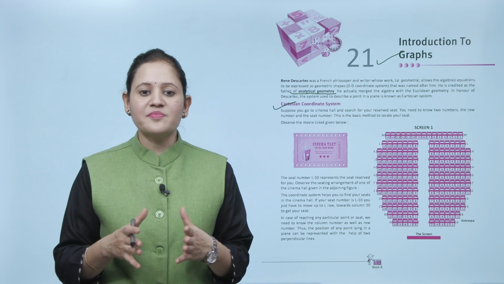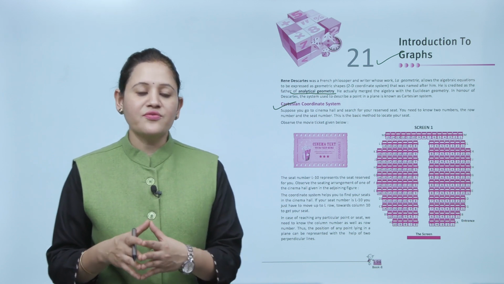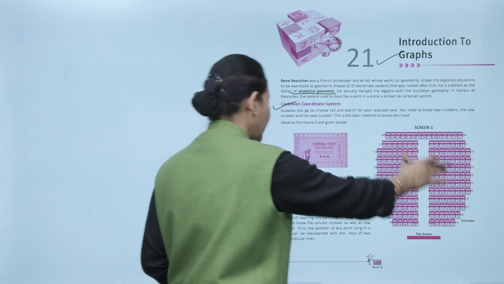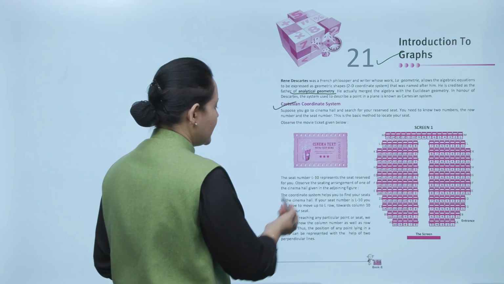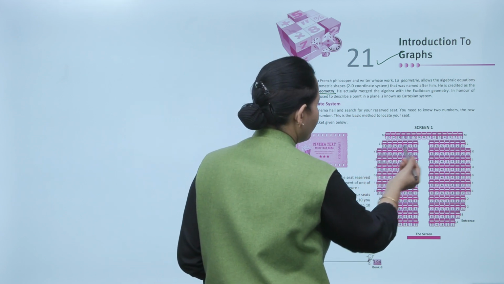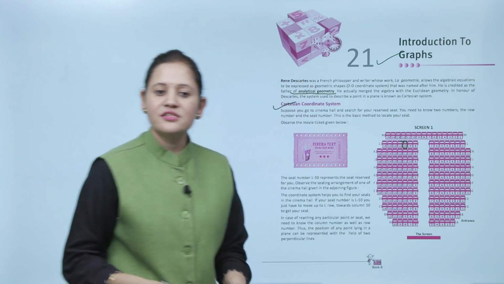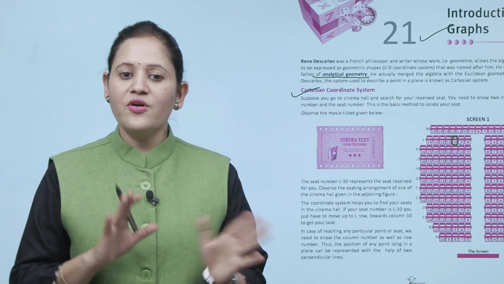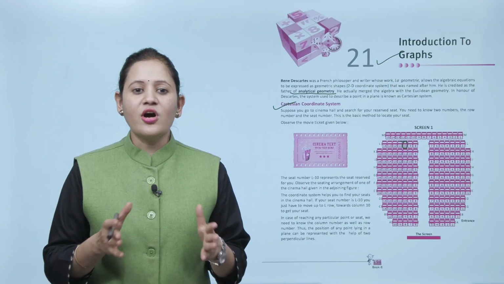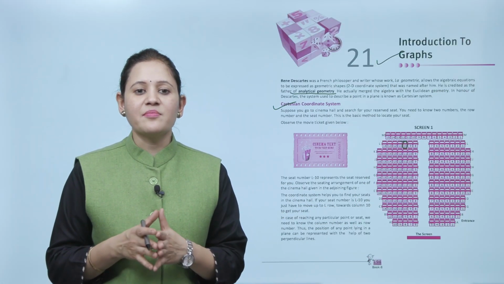Observe the seating arrangement of one of the cinema halls given in the adjoining figure. So this is the seating arrangement and your seat is in L row and number 10. So this is the L row and here is your seat. This way you can locate your seat. The coordinate system helps you to find your seat in the cinema hall.